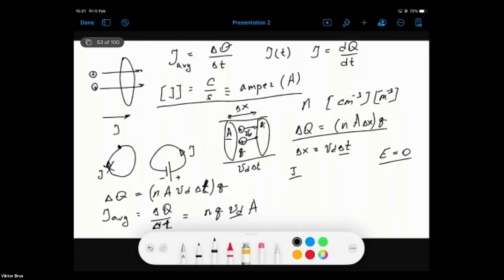However, since we are dealing now with electric current, we're dealing with a condition which is out of equilibrium. And here the electric field is not equal to 0. So that's why drift velocity is some average velocity of electric charges along the internal electric field lines inside the conductor.